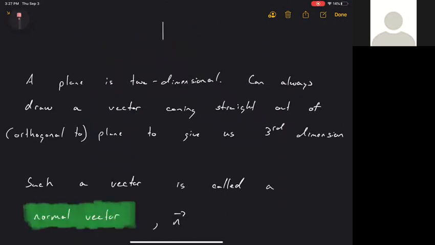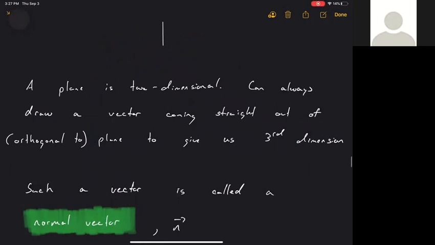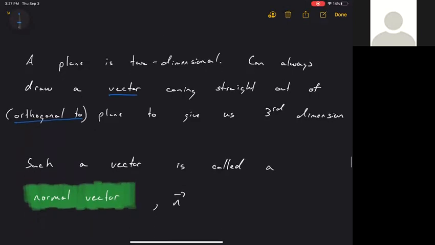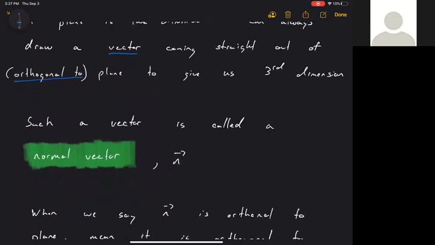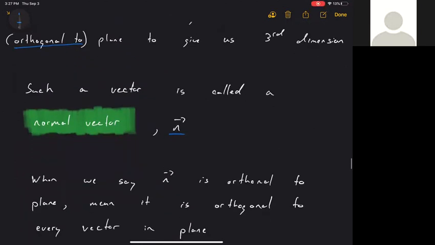So we can always draw these vectors. When it pierces at a 90-degree angle, that means the vector is orthogonal or perpendicular to the plane. Such a vector is called a normal vector, and the standard notation is to write it as vector n.